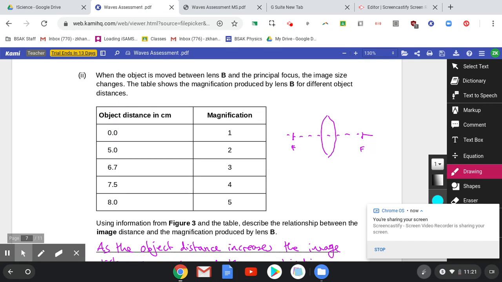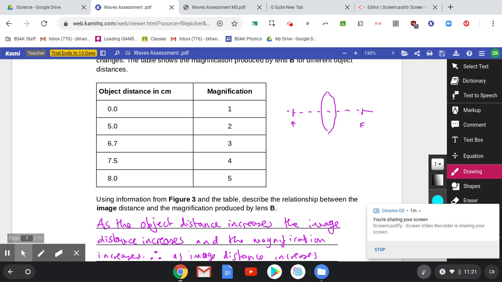So the object is being placed further and further away from the lens, and we are getting an image that is produced, and its magnification is getting larger and larger. So the image is getting twice as big, 3 times as big, 4 times as big, 5 times as big.